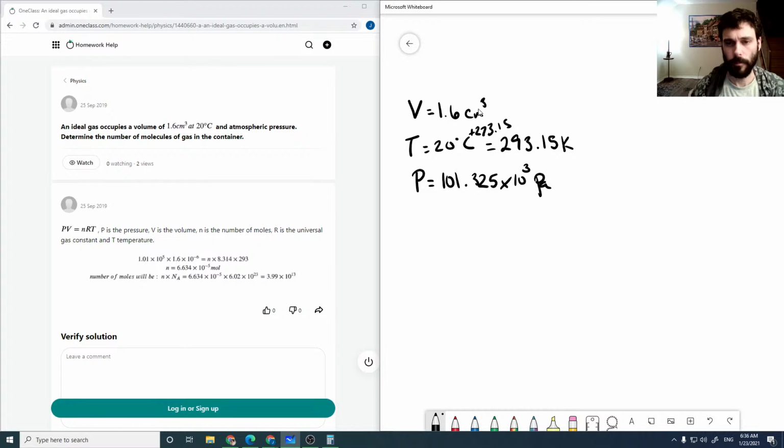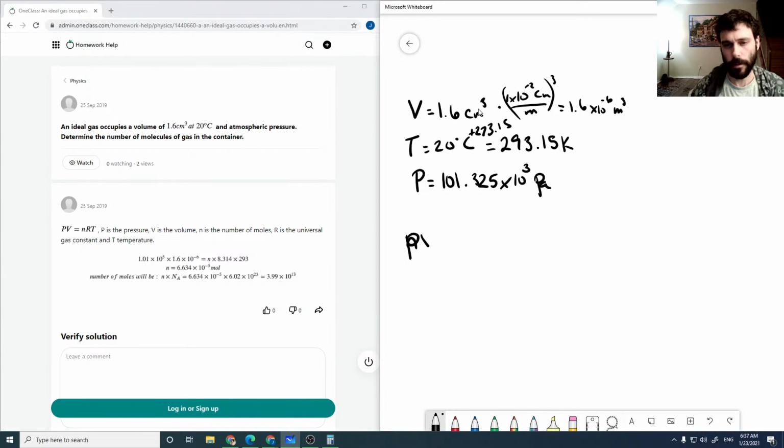So our volume, multiplying by 1 times 10 to the minus 2 meters per centimeter, cubed, is 1.6 times 10 to the minus 6 meters cubed. Alright, so it wants us just to determine the number of moles.